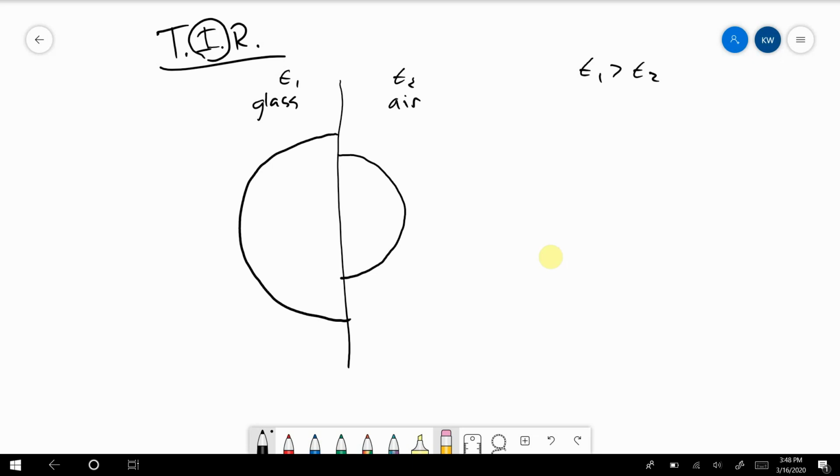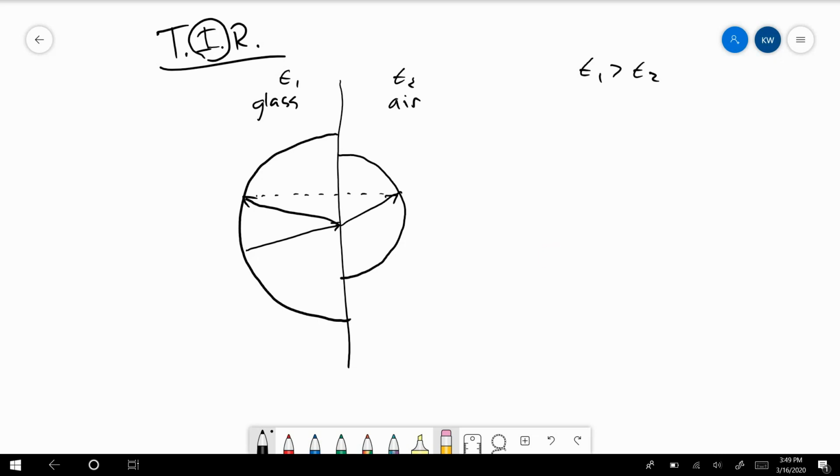Now, if we have a shallow incidence angle, we have the incident wave vector here, the reflected wave vector there. Because of the phase matching condition, the x components of the incident and transmitted wave vectors have to be equal. That's what the dotted line is saying.